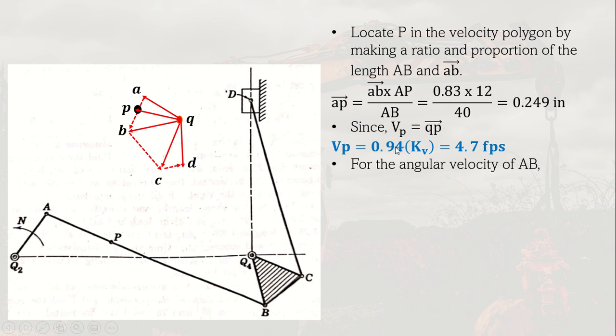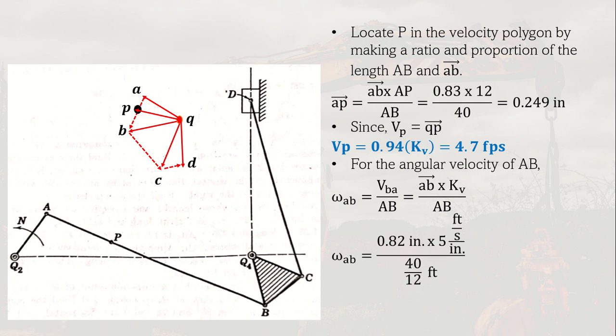So for the angular velocity of AB, we can use the formula. The angular velocity of AB is the velocity of B relative to A divided by the length of AB. So this is another unknown, right? So the velocity of B relative to A is the line AB in the drawing. So we measure this AB and multiply it with the velocity scale and divide it by the actual AB in the drawing.